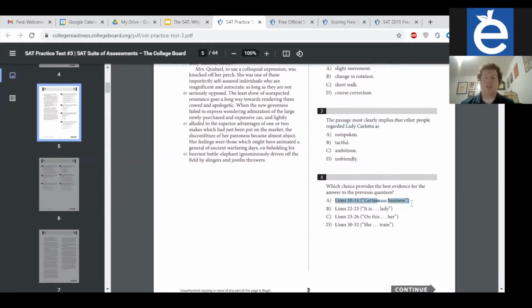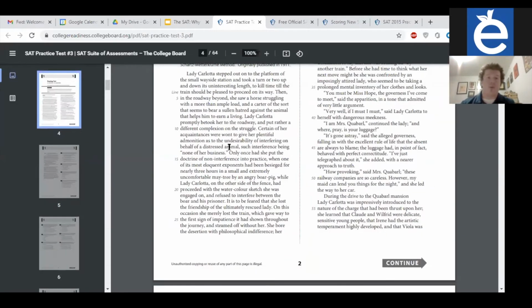Let's start with lines 10 through 14. Lady Carlotta promptly betook her to the roadway and put rather a different complexion on the struggle. Certain of her acquaintances were wont to give her plentiful admonition as to the undesirability of interfering on behalf of distressed animals, such interference being none of her business. Something that perks my interest here.